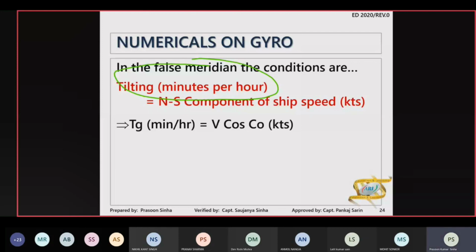is equal to V cos course. V cos course is the northerly-southerly component of the ship's motion.